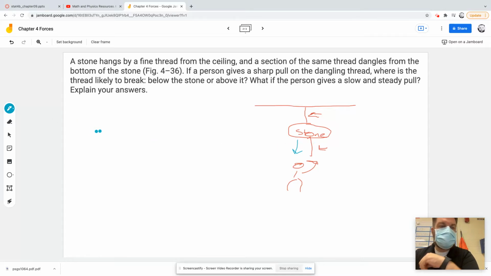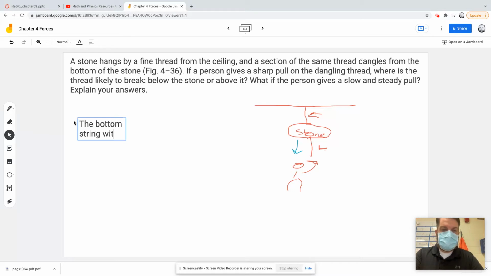But, so let's do this. Let me type this up because there's two scenarios. So the bottom one will break if the motion, or if the pull, is quick, because the bottom string will have tension force.